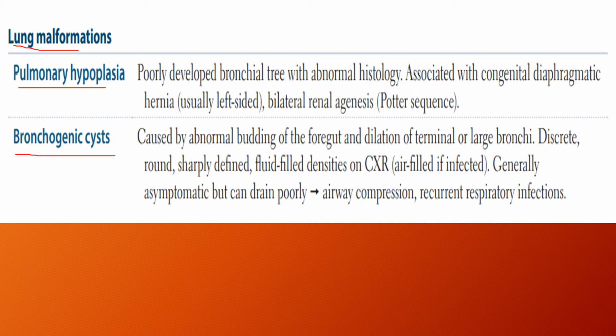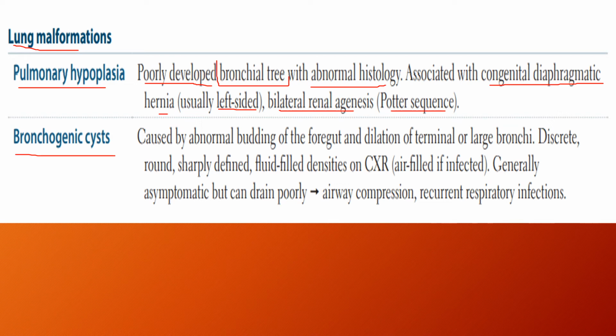First we'll talk about pulmonary hypoplasia. It is a poorly developed bronchial tree with abnormal histology, which is associated with congenital diaphragmatic hernia, which is usually left-sided, and bilateral renal agenesis, which means Potter sequence.